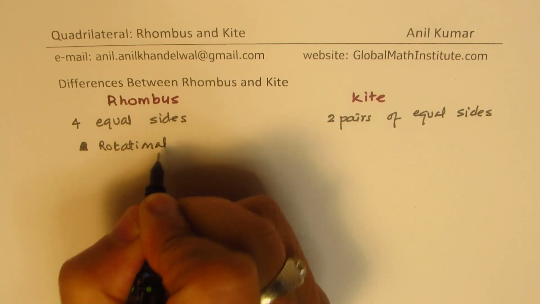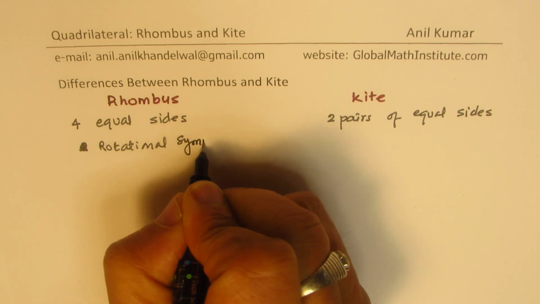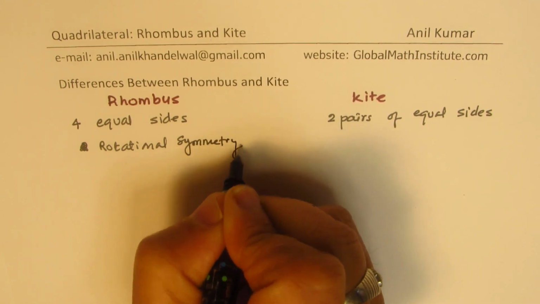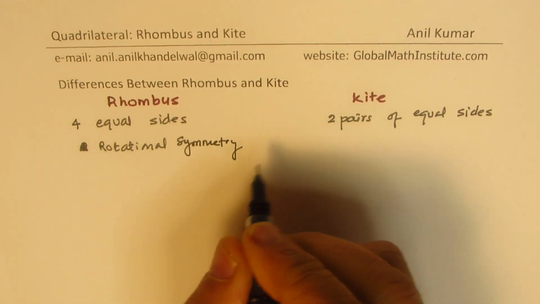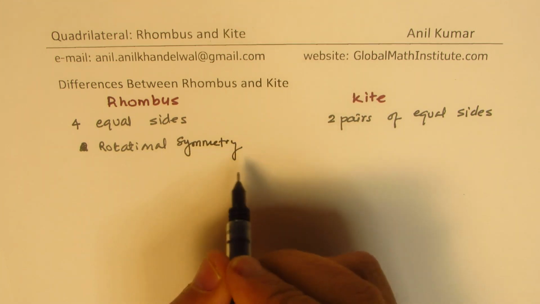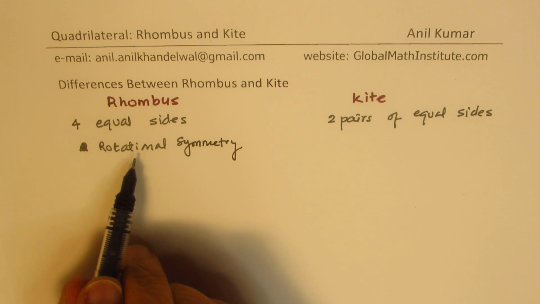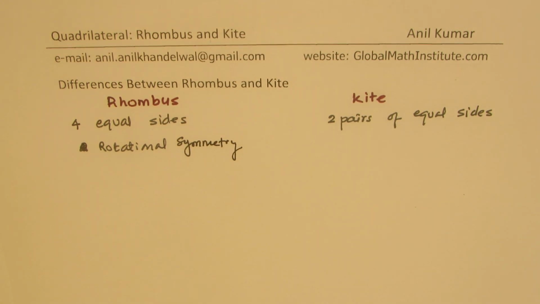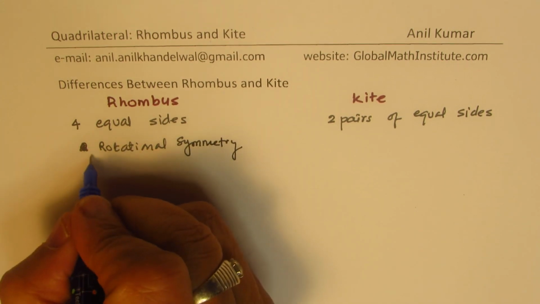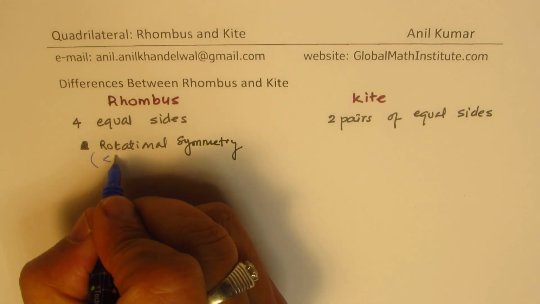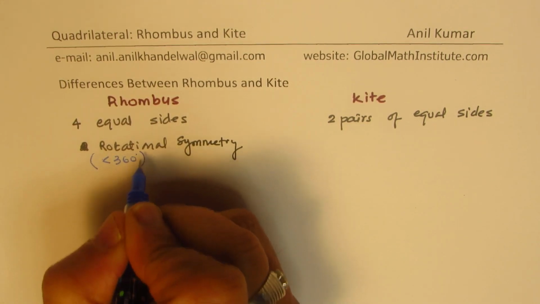Rotational symmetry. When we say rotational symmetry, we're talking about rotation which is less than 360 degrees. So let me write down here: less than 360 degrees.